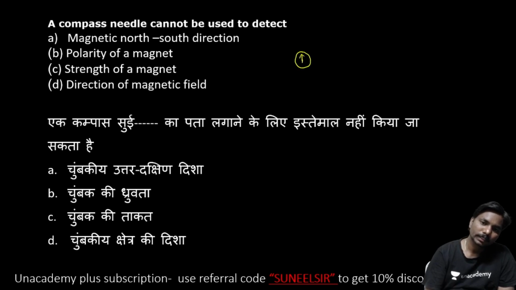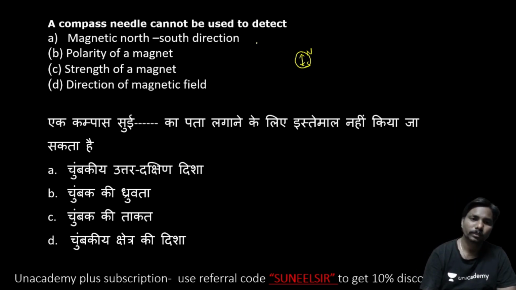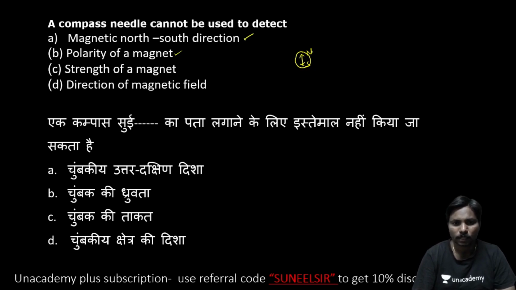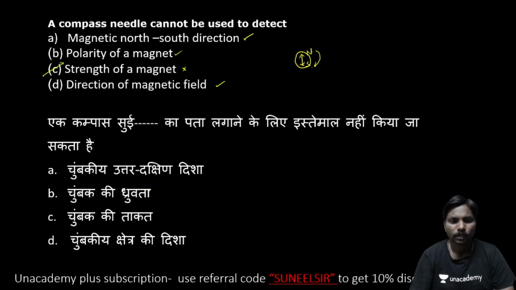It shows the direction of magnetic north and south, and it also shows the polarity of a magnet, north pole and south pole, and gives the direction of the magnetic field from north to south, but it may not give the strength of the magnet. So we can give the answer as option C.